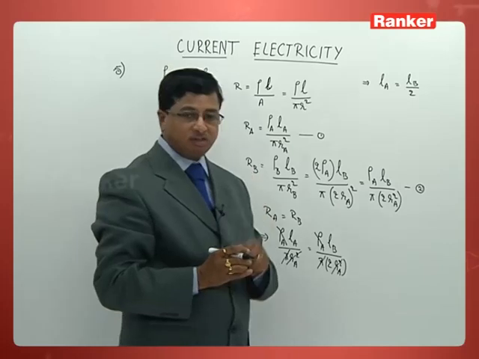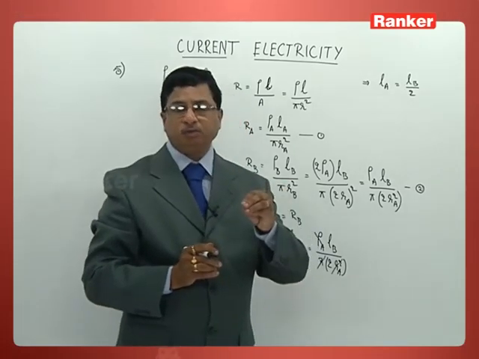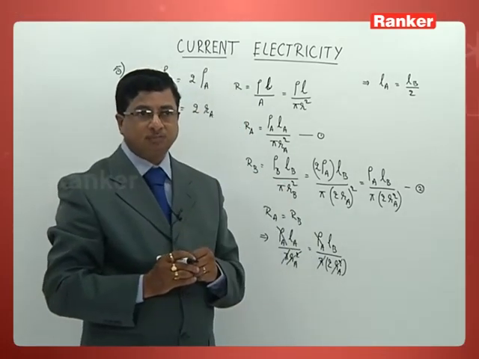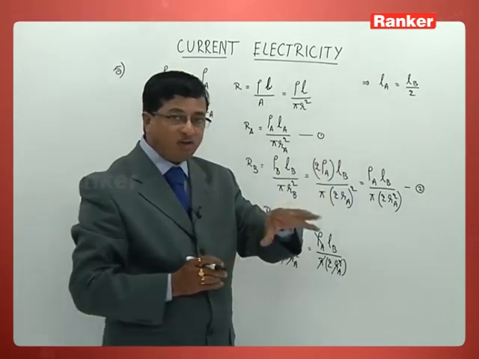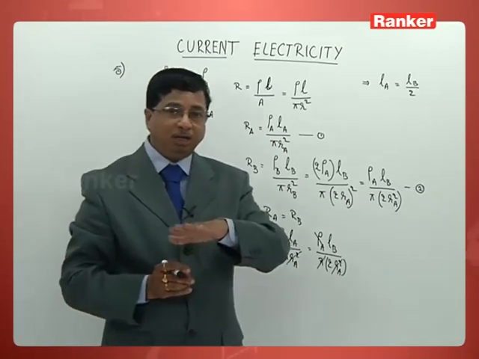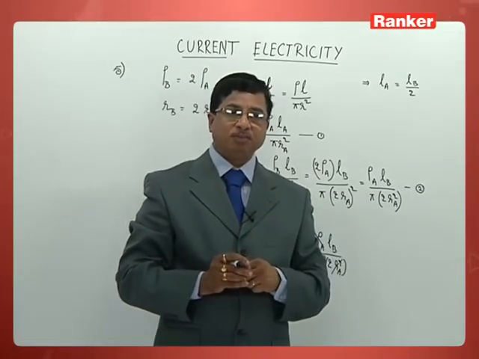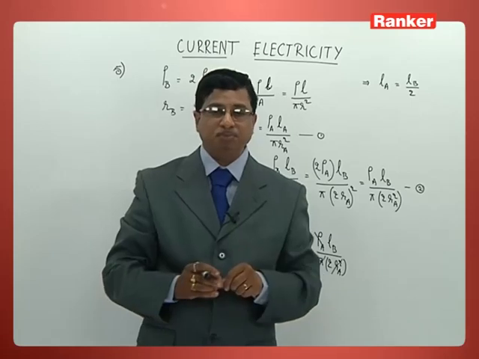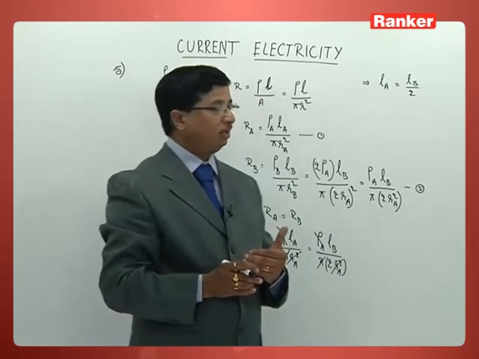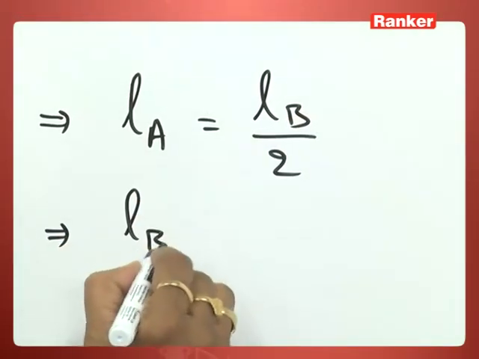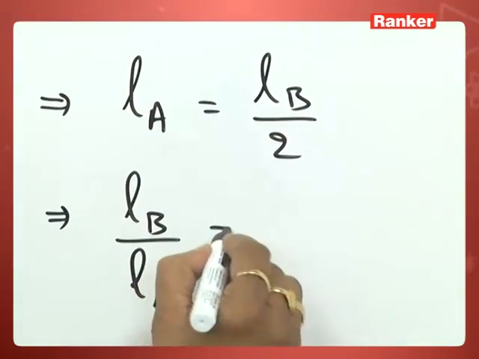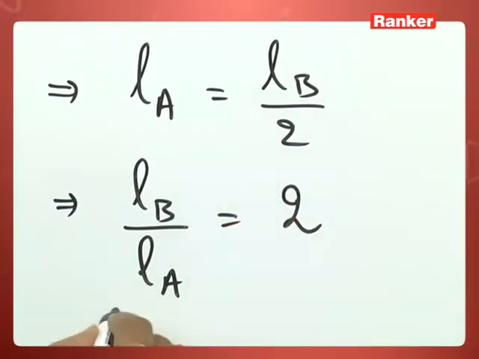But in such cases, you should read the question thoroughly, whether he is asking you LA by LB, the ratio, or LB by LA, the ratio. In this particular problem, he is asking you to calculate LB by LA. So LB by LA is equal to simply 2.